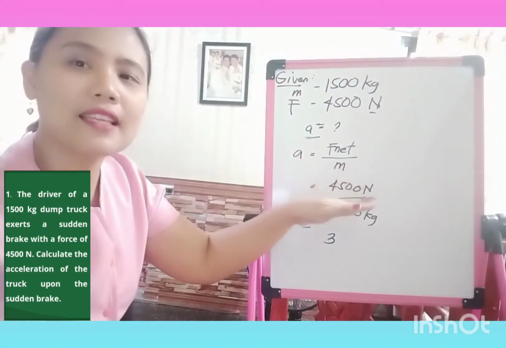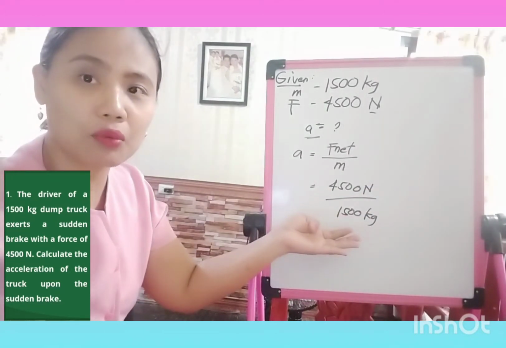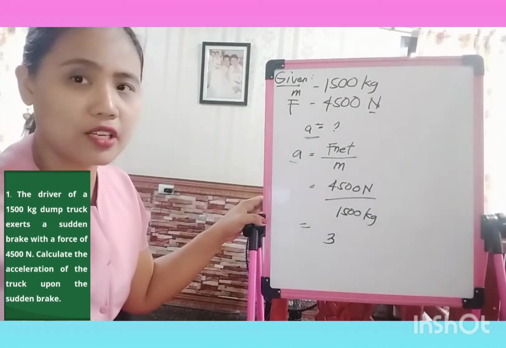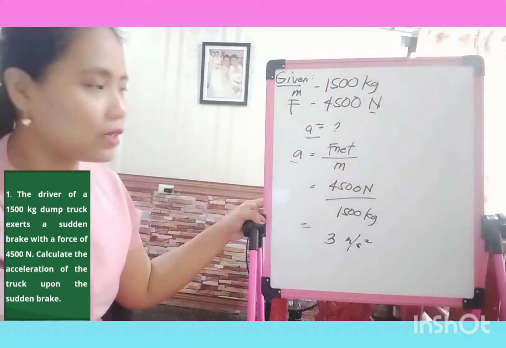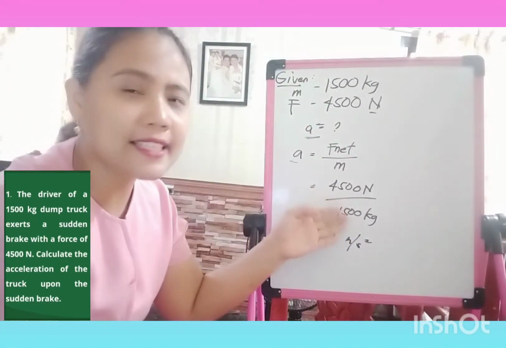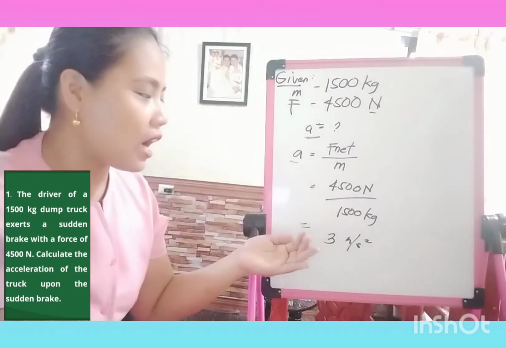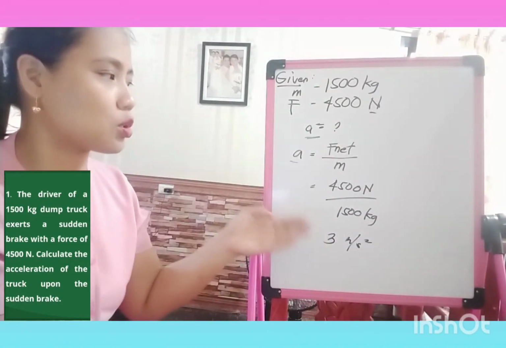This time we will find out what is the unit of our answer. We already know that the unit of acceleration is meter per second squared. But by canceling units, let us find out how we can get meter per second squared.